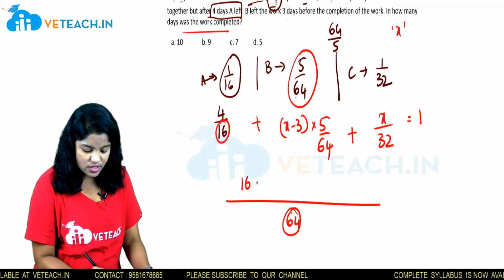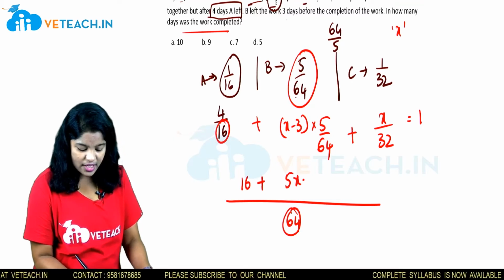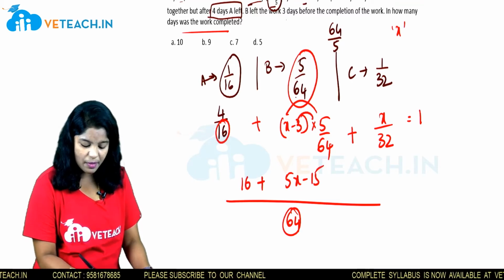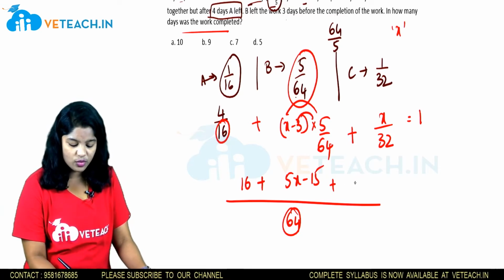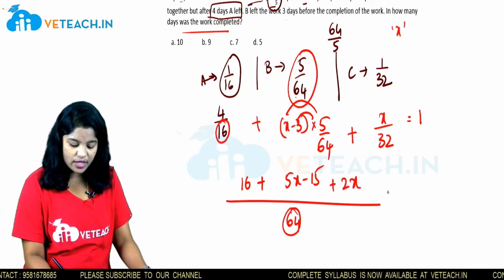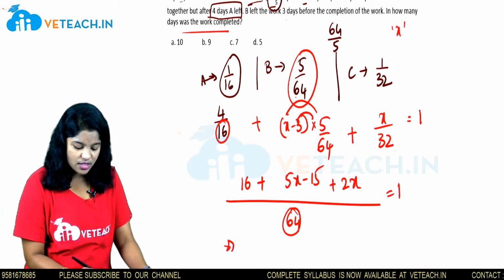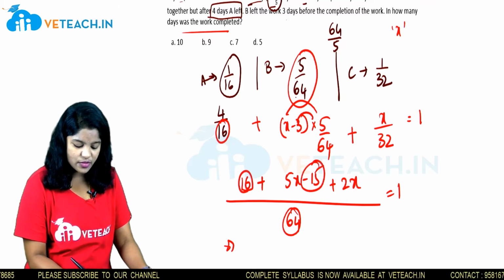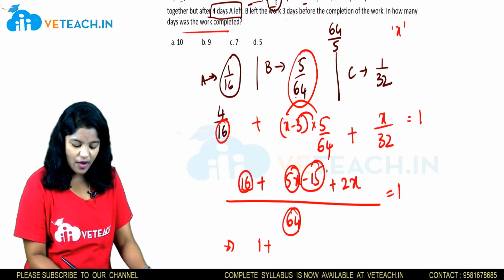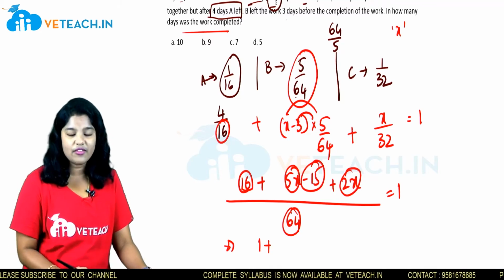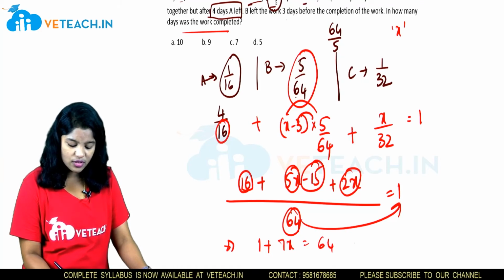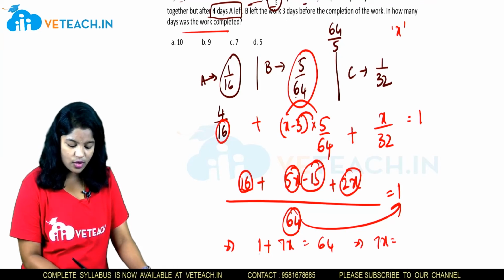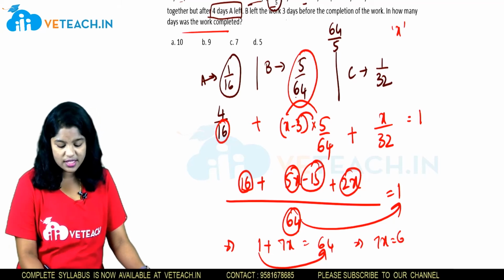So 4 into 4, 16, plus 5x minus 15, I simply multiplied it, plus 64 divided by 32, that is 2, so 2 into x, 2x, is equal to 64. So 16 minus 15 is 1, plus 5x plus 2x, it is equal to 7x plus 1 equal to 64. That implies 7x is equal to 64 minus 1, 63.